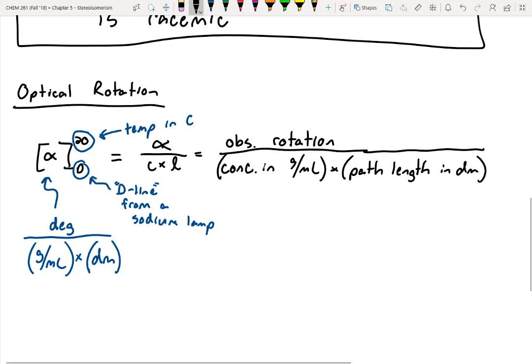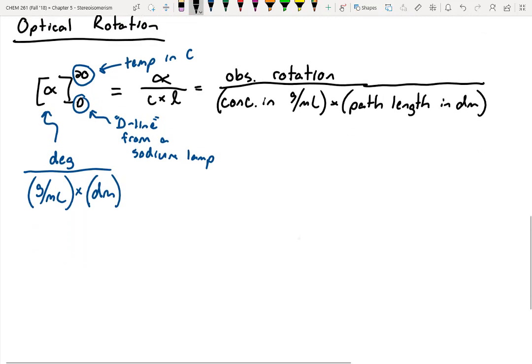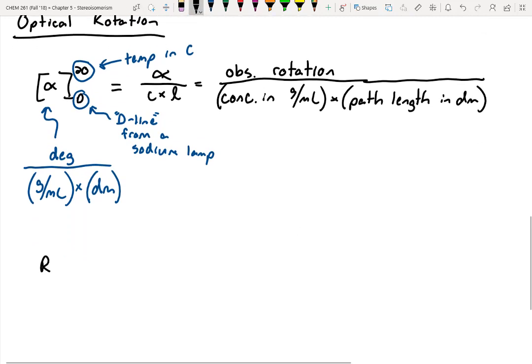All right. So now, like we said, if you have a 50-50 mixture of enantiomers, you have no net optical rotation.